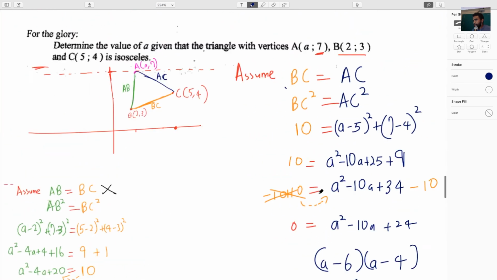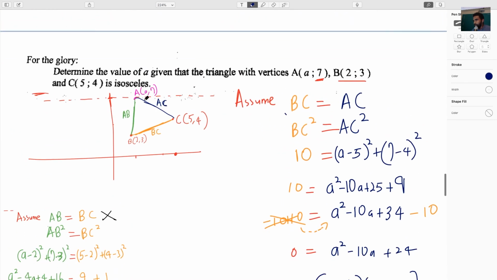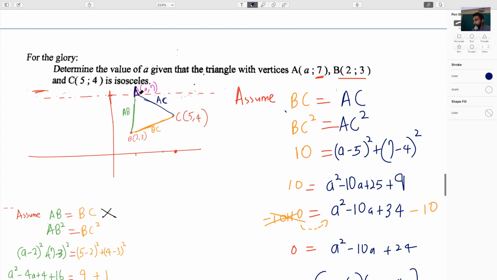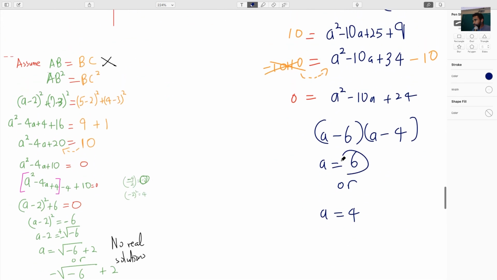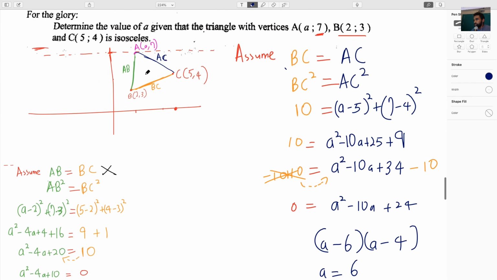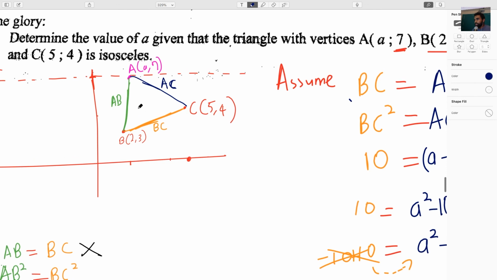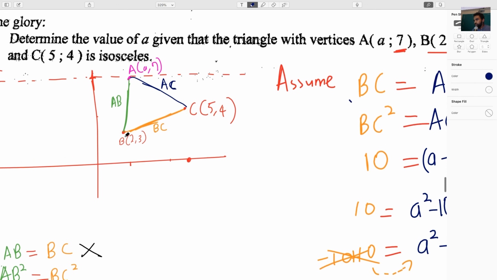So it means that if we found here we're at the point A has an x value of A and a y value of 7. And we just found that the x can be 6 or 4. So let's see if that would make sense here. What would be 6? So if this is 2 and this is 5, then 6 would be around there.